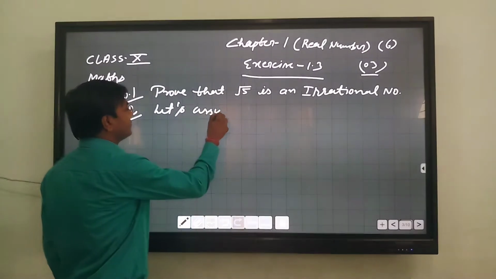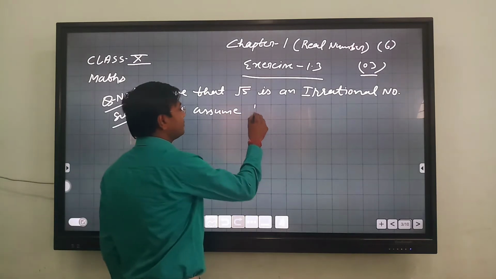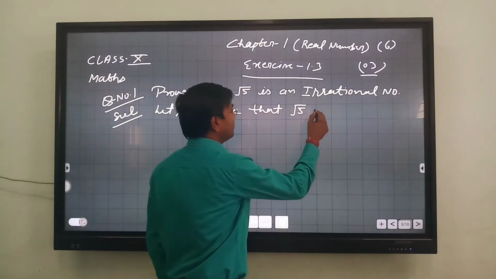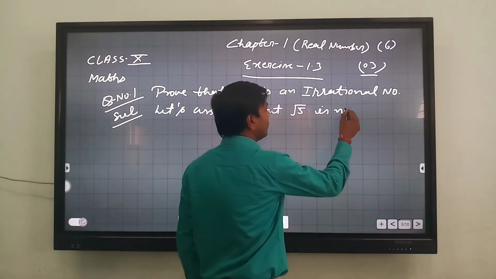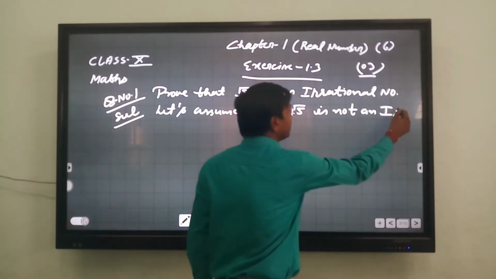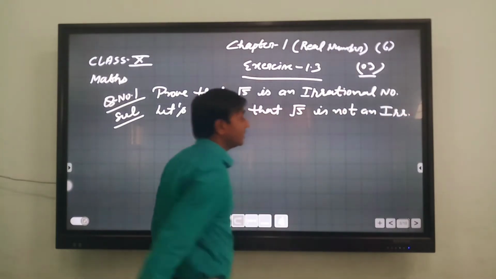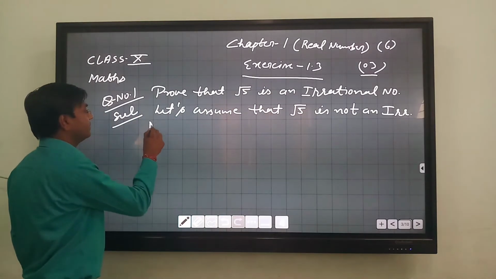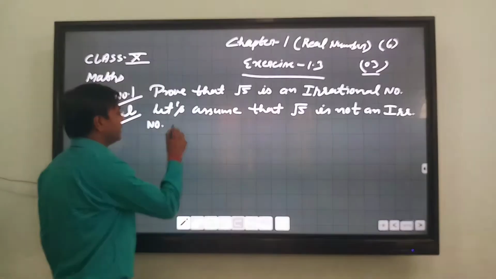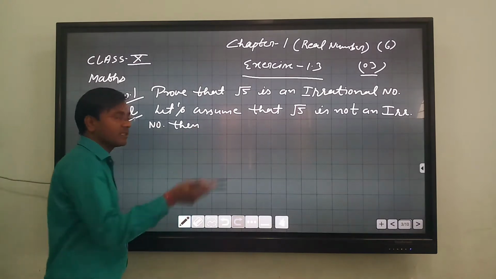Let's assume that under root 5 is not an irrational number. Then what would it be?